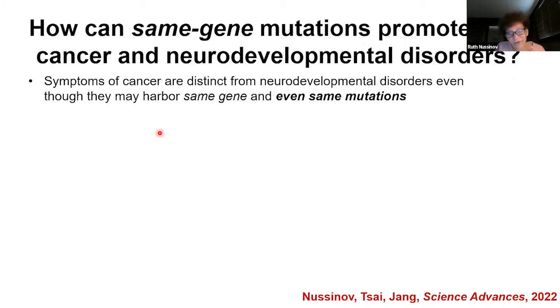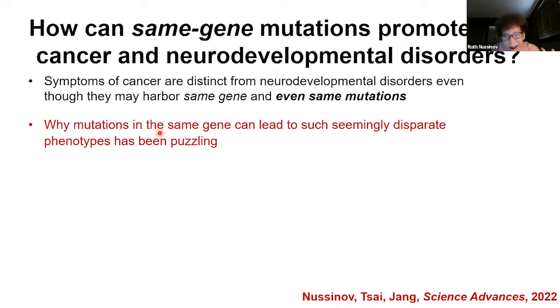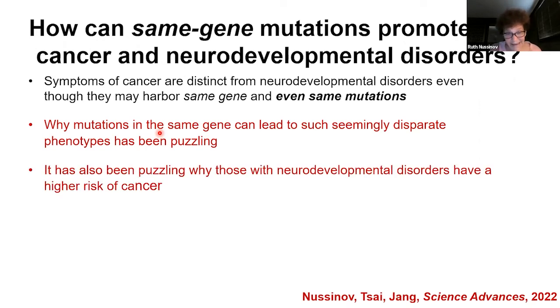So the symptoms of cancer are distinct from neurodevelopmental disorders, even though they may harbor the same gene and even the same mutations. So why mutations in the same gene can lead to such seemingly disparate phenotypes has been puzzling. It has also been puzzling why those with neurodevelopmental disorders have a higher risk of cancer.